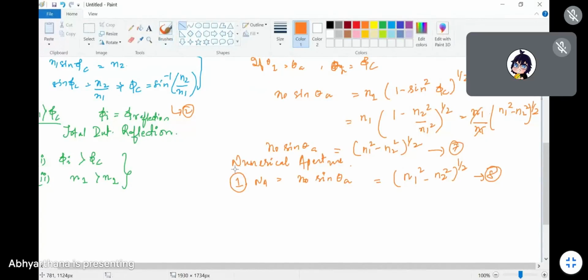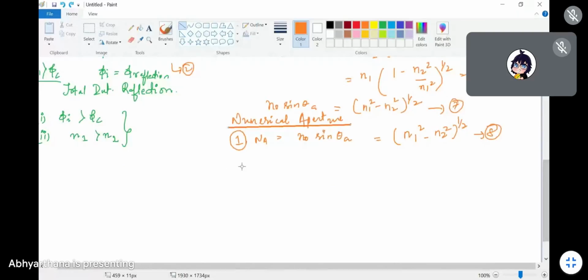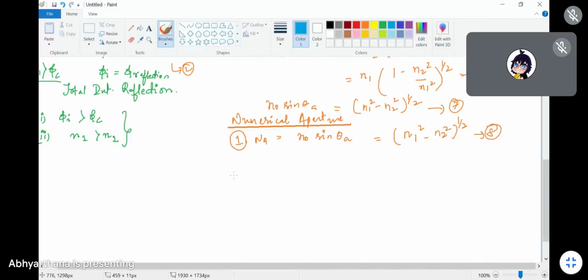So there is another form. There is another function or another way to write it down. That is, we have a function that is called as delta.